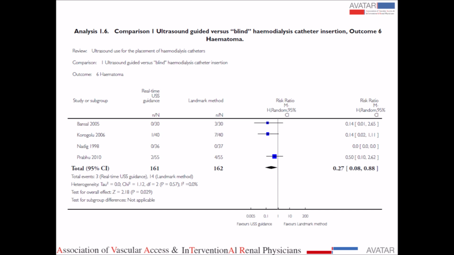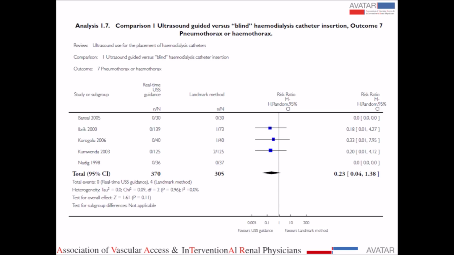If we talk about hematoma, then again there is around a 73% risk reduction by using ultrasound guidance. And if we talk about pneumothorax and hemothorax, then again there is around a 77% risk reduction. So all kinds of complications are significantly reduced if we are using ultrasound guidance.